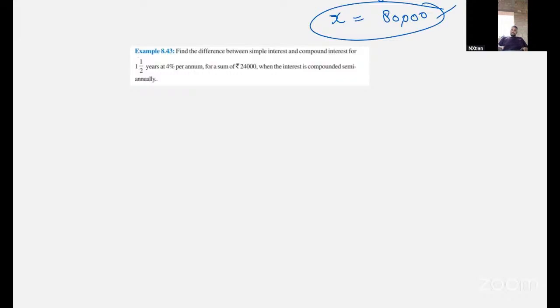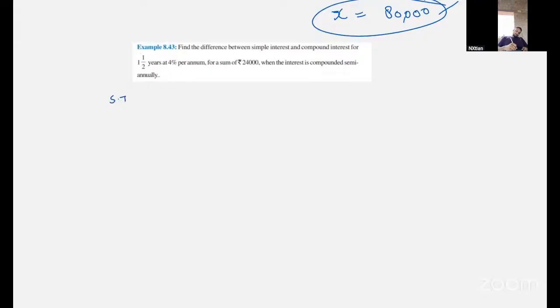First we'll calculate the simple interest because it is very simple. Simple interest does not depend upon compounded annually or semi-annually. So what is P? Principal. Anybody can unmute and tell how much principal is there?